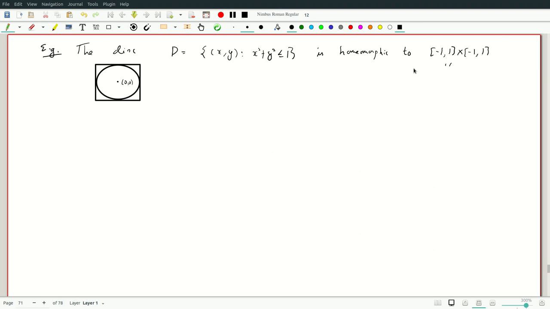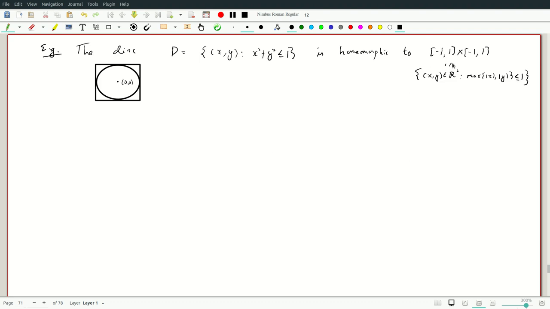But we'll view this in a different way. It's the set of all (x, y) in R squared, of course, such that the maximum of |x| and |y| is less than or equal to 1. And the boundary is exactly where the maximum equals 1. Because this formula will be useful.